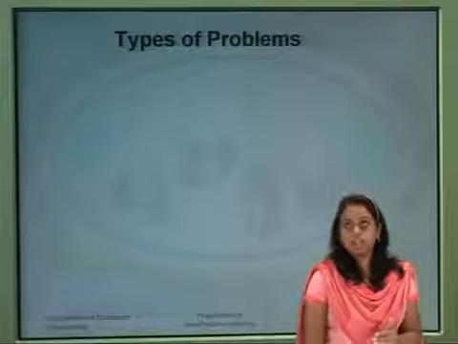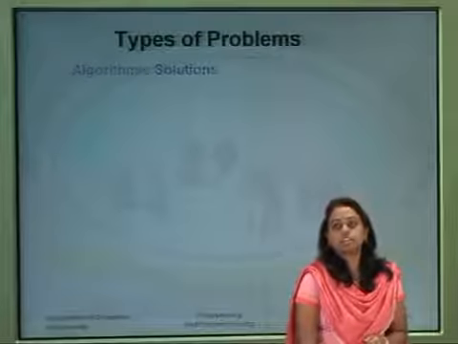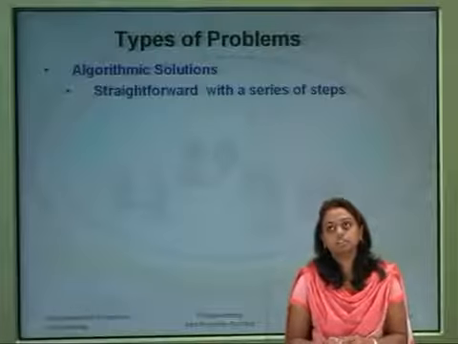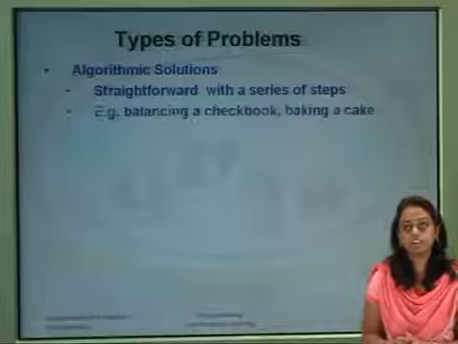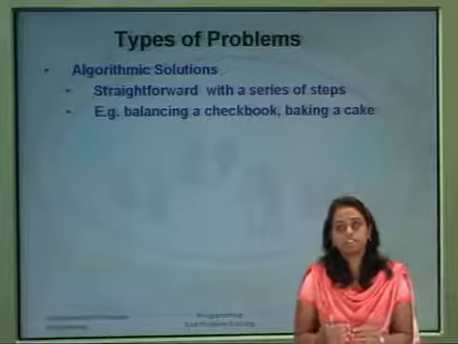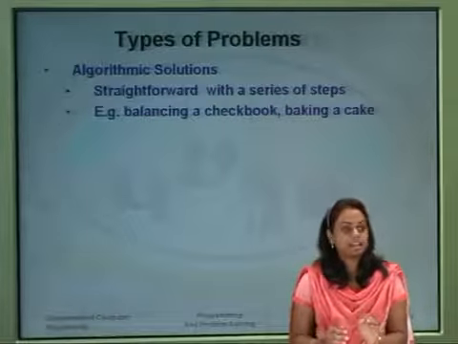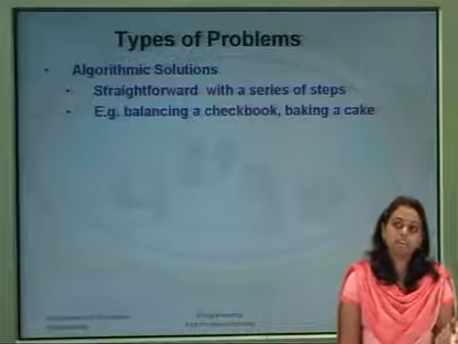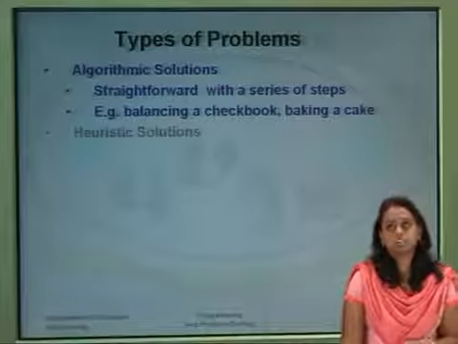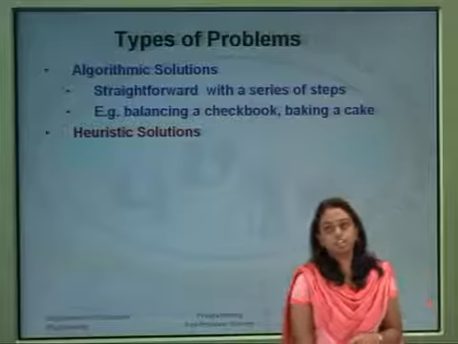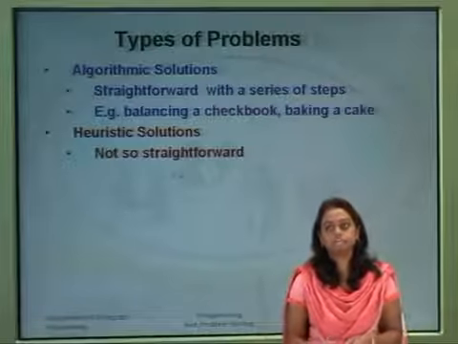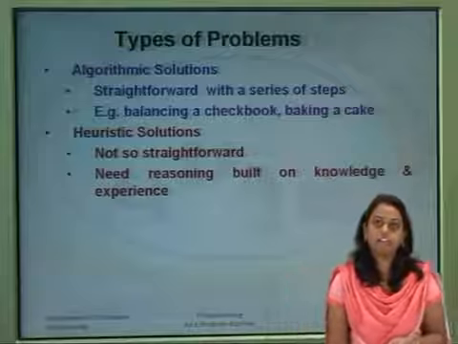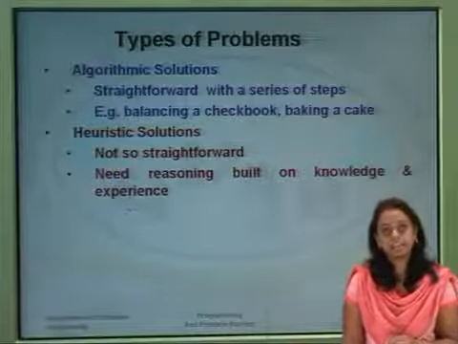Now, algorithmic problems, as we said, are straightforward with a series of steps. Examples can be balancing a checkbook or baking a cake, which has 1, 2, 3, 4 standard steps there. The second type is the heuristic problem, wherein it is not very straightforward, needs reasoning built on knowledge and experience, and it's a process of trial and error.